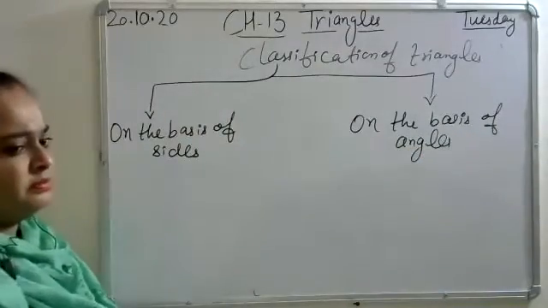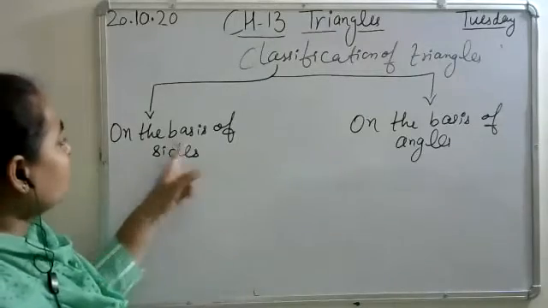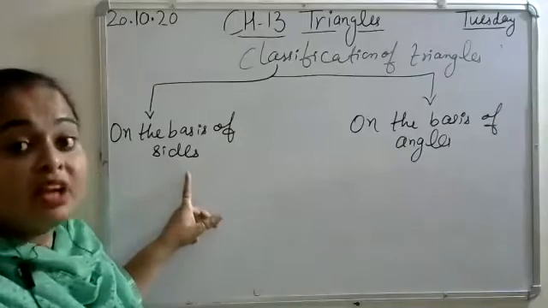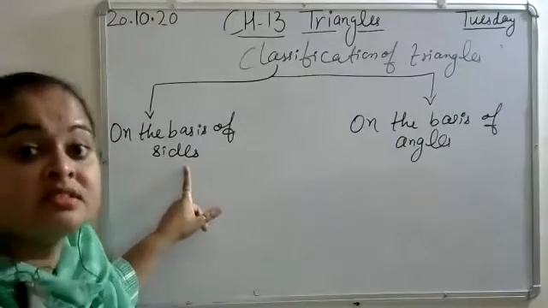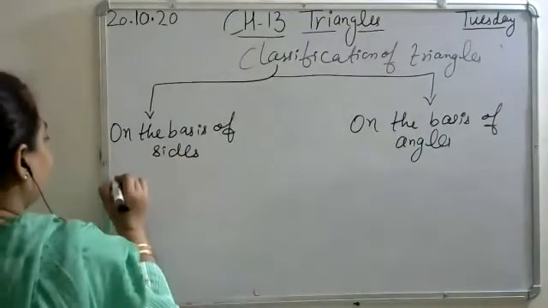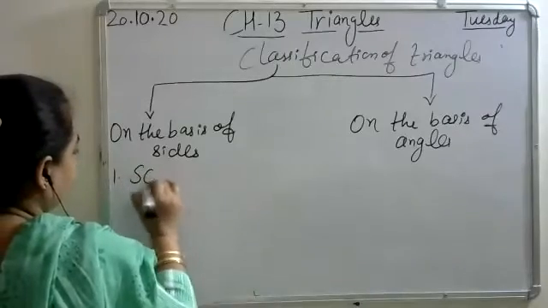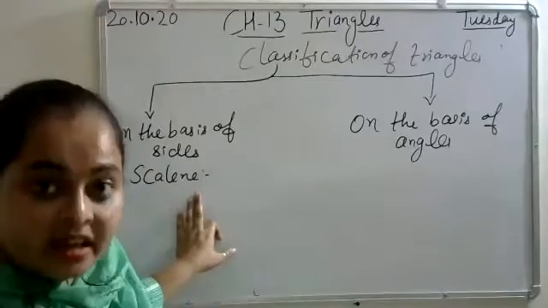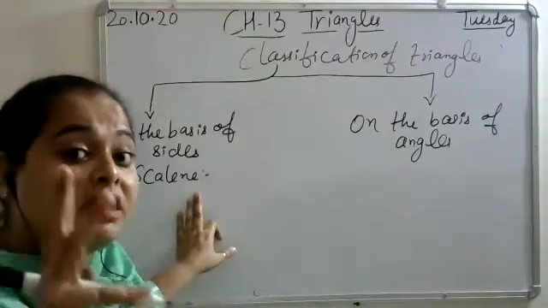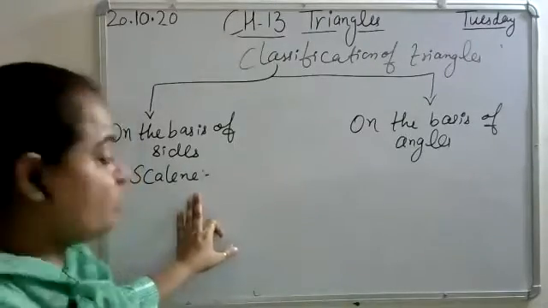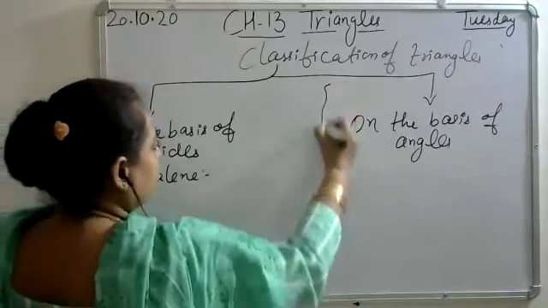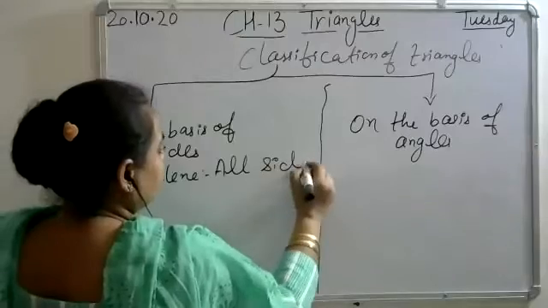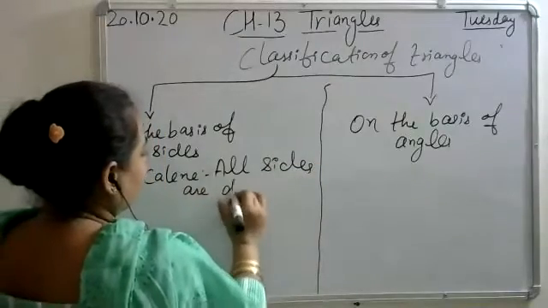Now, on the basis of sides, first of all, I am going to explain types of triangles on the basis of sides. Number one, scalene. This is a triangle in which all the three sides are different.